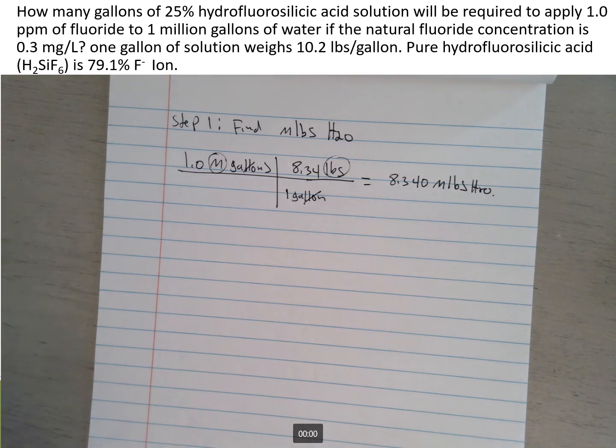So from the problem statement, however, it is telling us that there is already a natural fluoride concentration in the water, 0.3. So if there's already a natural fluoride concentration in the water, we have to subtract that from what we want to apply, because what we add is going to be what we add plus the already natural fluoride concentration in the water.